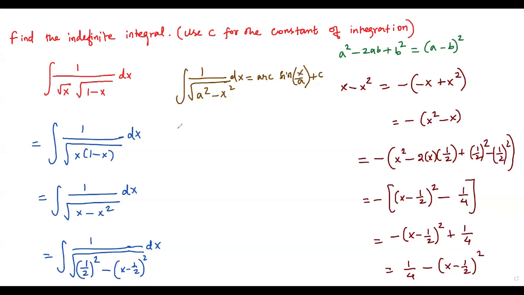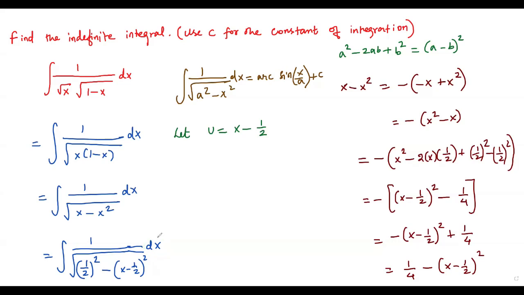Let u equal x minus 1/2. Since I have substituted a new variable u, we have to get the complete integration in terms of u. At the place of dx, I must have du.